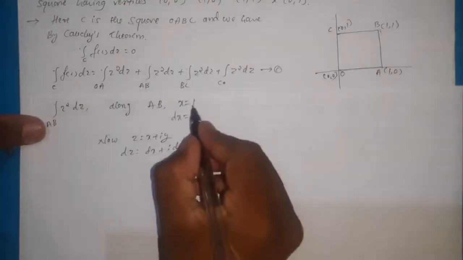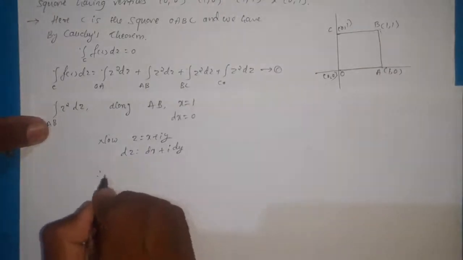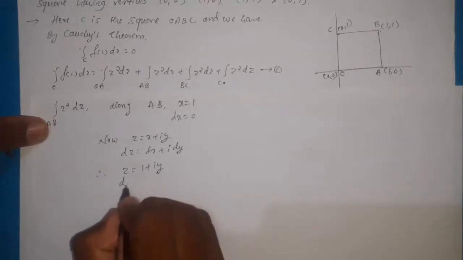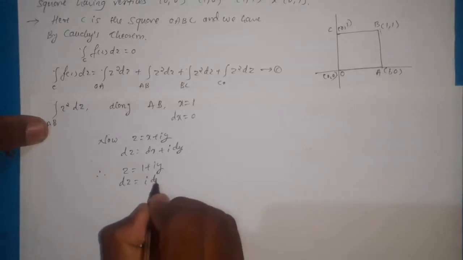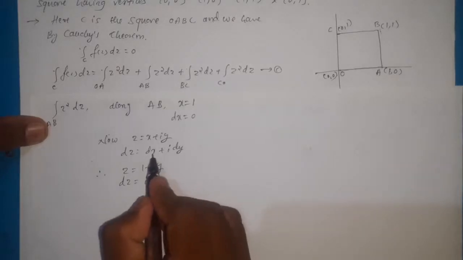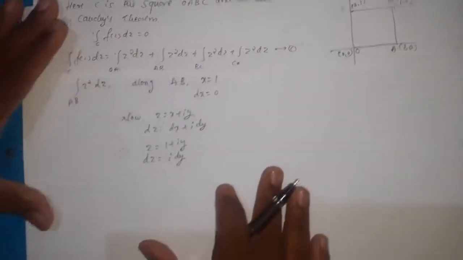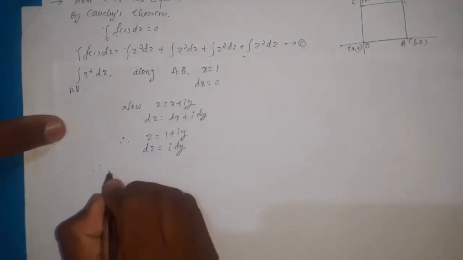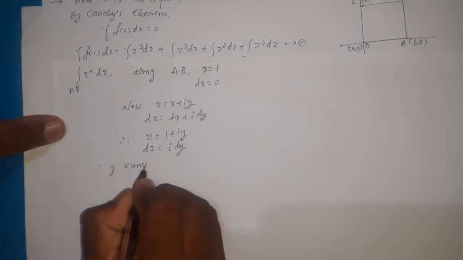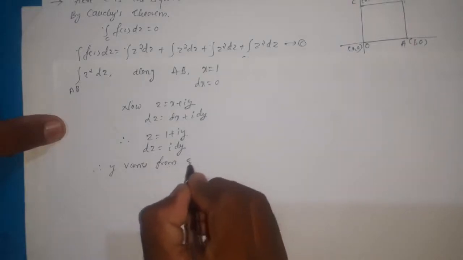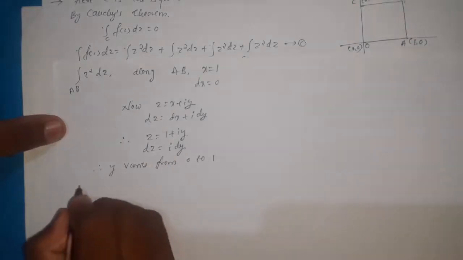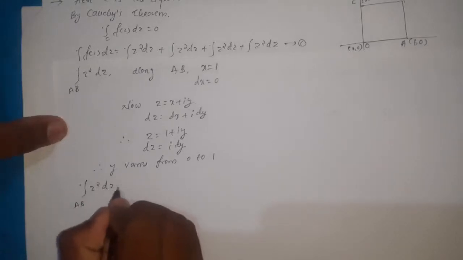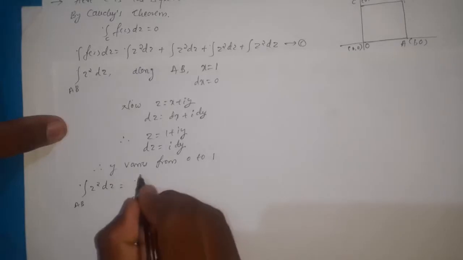So here we know that x equal to 1 and dx equal to 0. So therefore z becomes 1 plus iy and dz equal to i dy because dx is 0 here. Then here y varies from 0 to 1. So therefore integration over AB z square dz is equal to integral from 0 to 1.